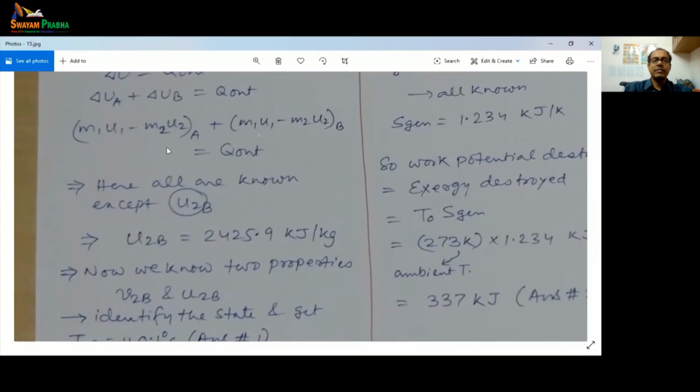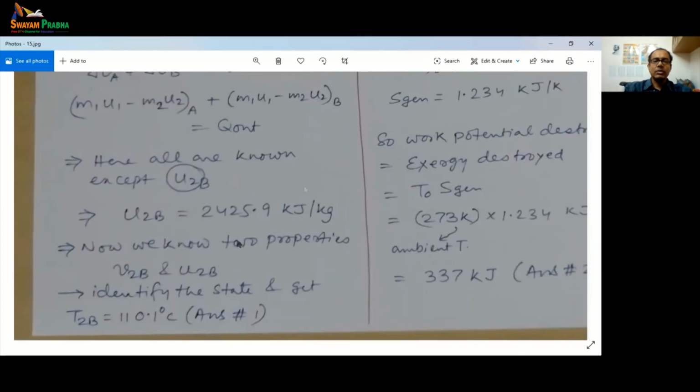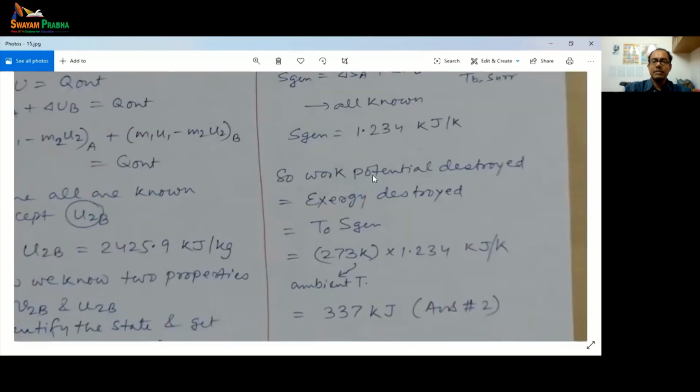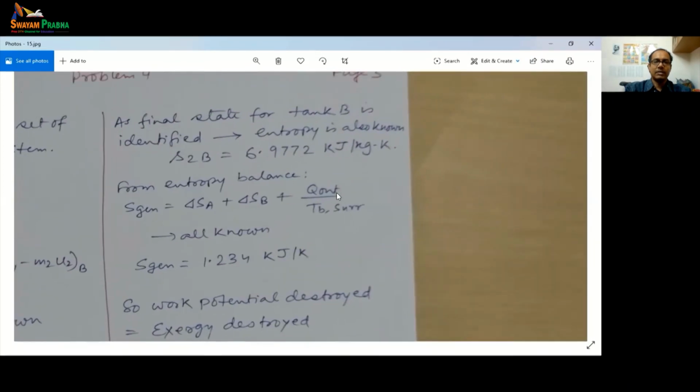So in this equation, everything is known except U2B. The final internal energy of tank B is unknown, so by solving this equation, you can find that. Now you know two properties of the final state of tank B: one is the specific volume, small v2B, and the other is the specific internal energy, u2B. That way we identify the state and we can get the final temperature to be 110.1 degrees centigrade. Okay, so this is a little more involved than tank A, but we can find it out.